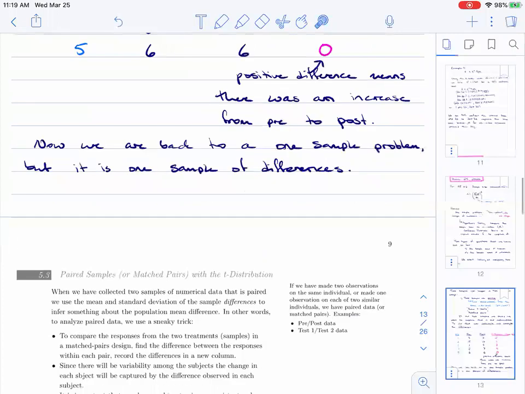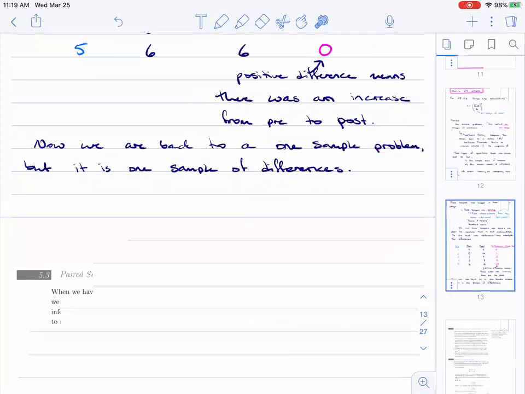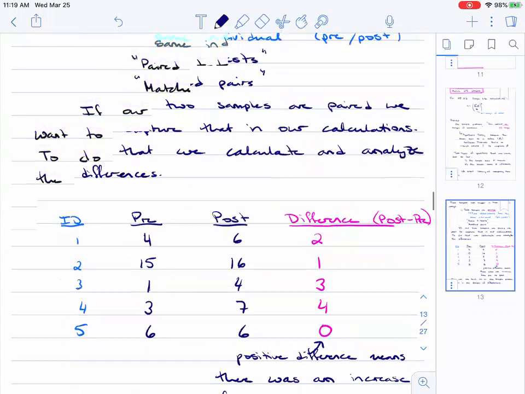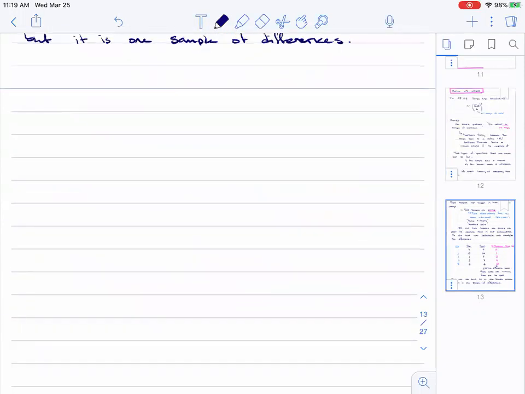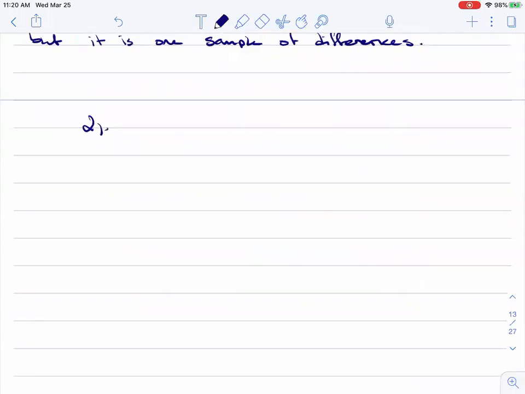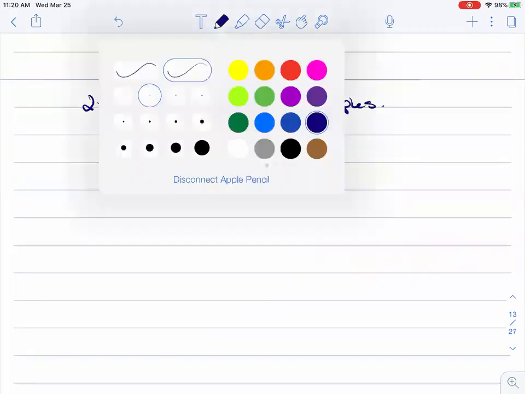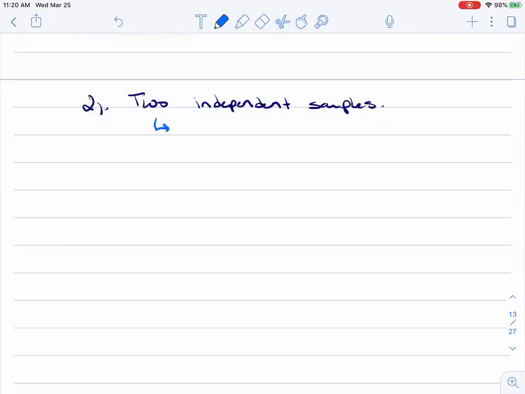And then, just as a little appetizer, because I think I said I was going to do it, the second way that we can have 2 samples is if we actually have 2 independent samples, right? And so there is no natural way to link one observation in one group to another.